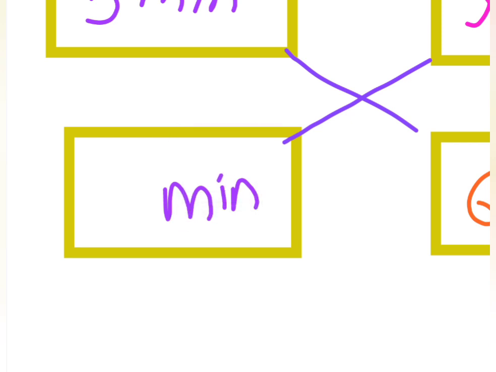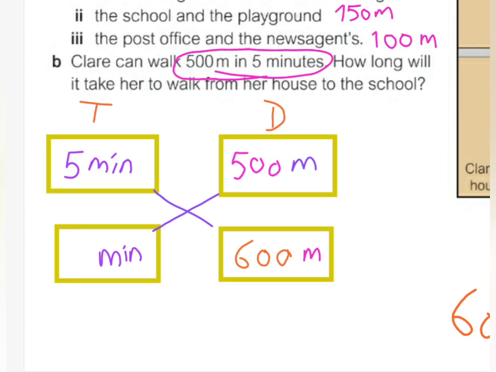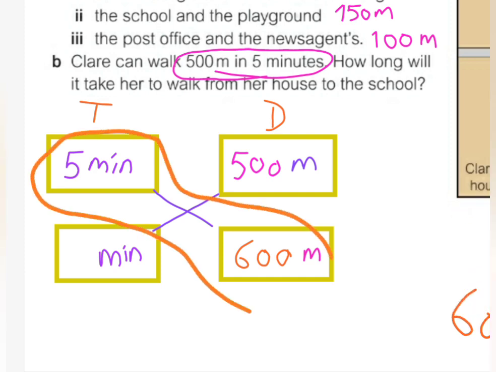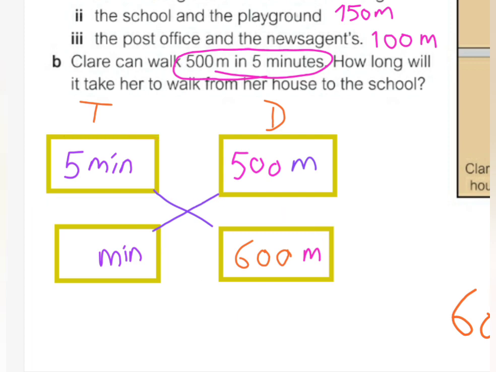Okay, now, using the X method, I can find the time it takes her for 600 meters. I'm going to multiply the ones connected with a line, which are these, and then divide by the number which is alone. So I'm going to take 600 multiplied by 5 and then divide by 500. Let's use the calculator and then come back.